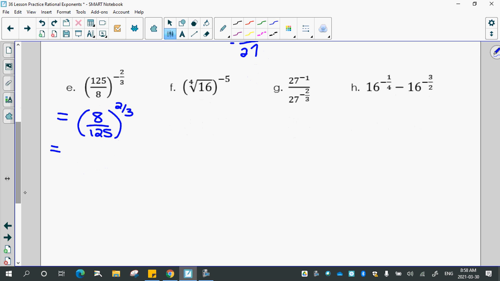And then if I can apply that exponent to the top and the bottom in my mind, I could go straight to the 3rd root of 8 in brackets squared over the 3rd root of 125 in brackets squared. So I'm applying that exponent of 2/3 to the top and to the bottom.